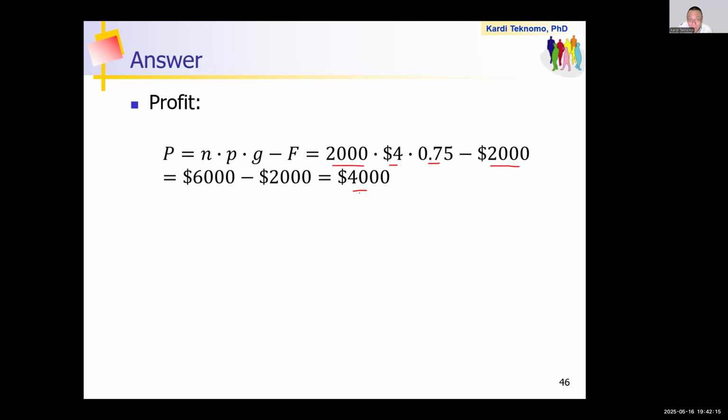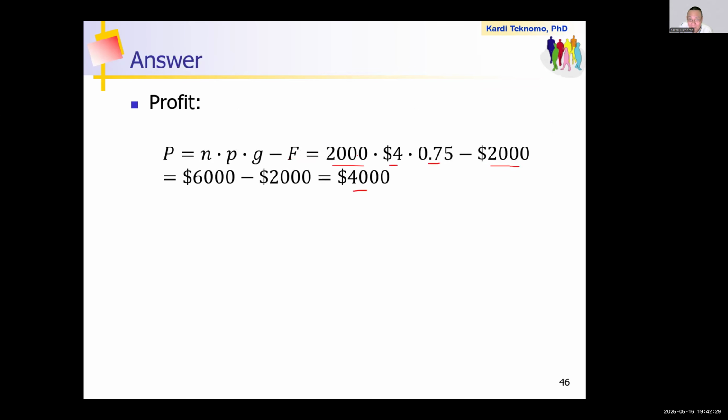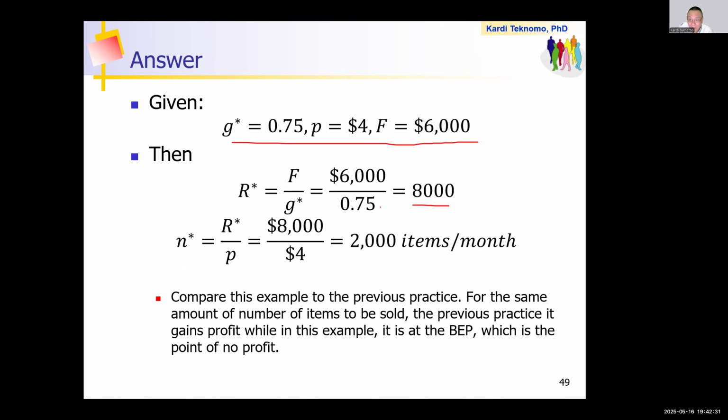what's the difference between this and the example with a fixed cost of 2,000? Here you sell 2,000 items also, with the same gross margin. What's the difference? The difference is in the profit.